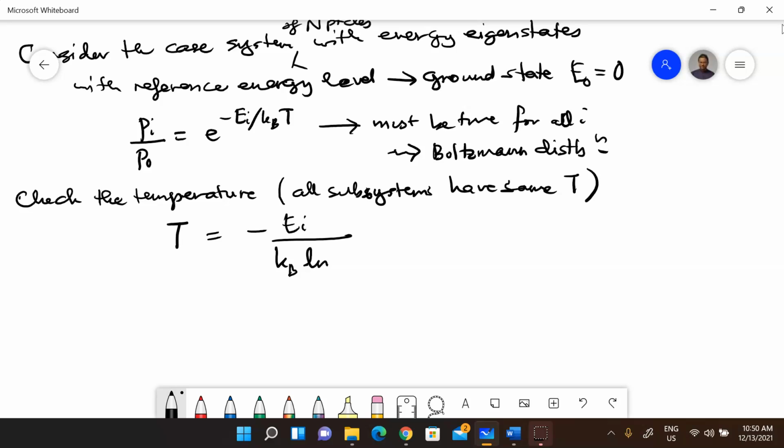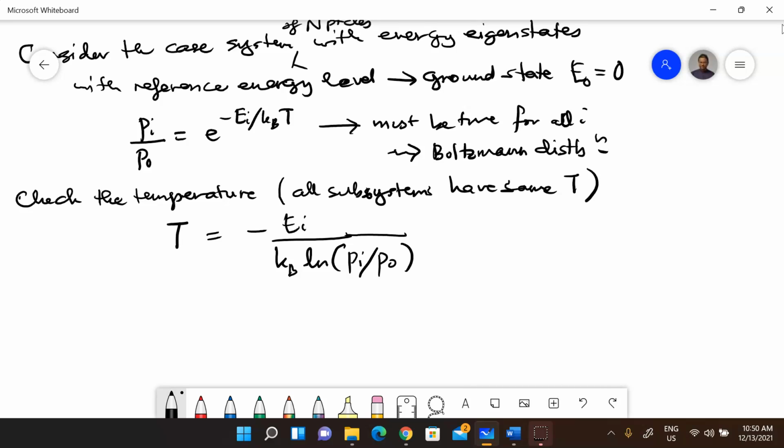You don't need entropy in that. Well, you can relate it with entropy if you want to, but in this case, you just invert this particular formula. This is an exponential, so the inverse of the exponential is the natural log. So this will give you log of Pi over P naught.